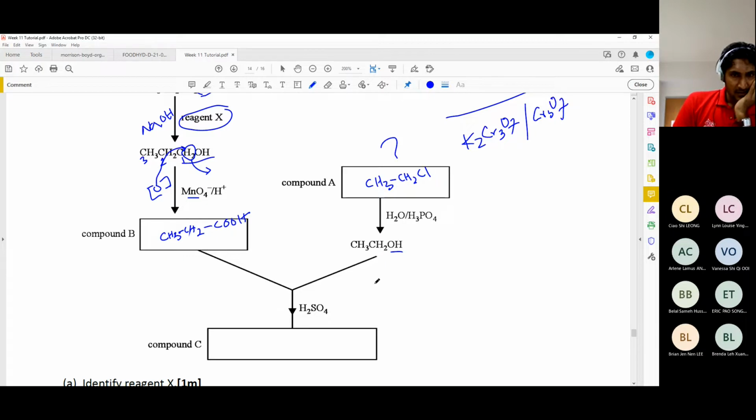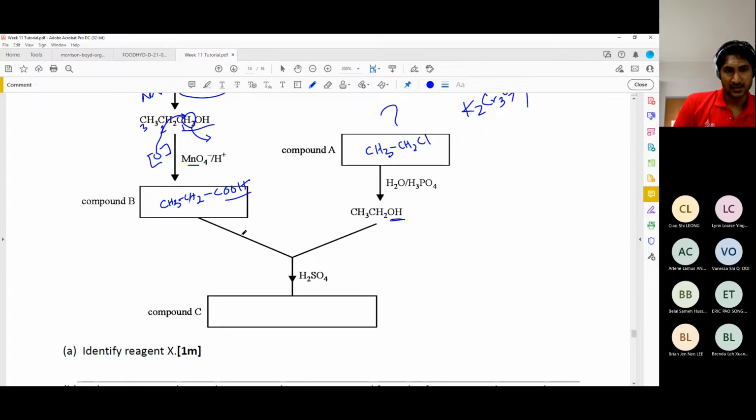And then with carboxylic acid and ethanol under reflux, with sulfuric acid, it will produce an ester.